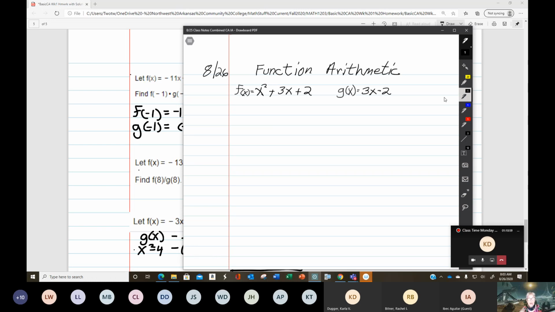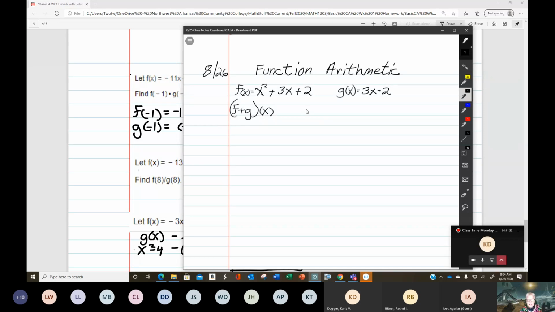And now I'm going to add them, subtract them, multiply them, and sort of divide them. The way that we add uses a different notation: f plus g of x, which feels really weird.